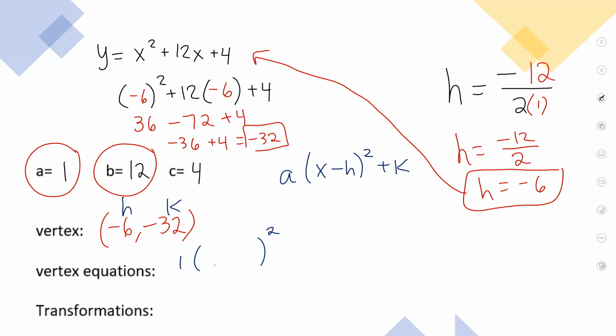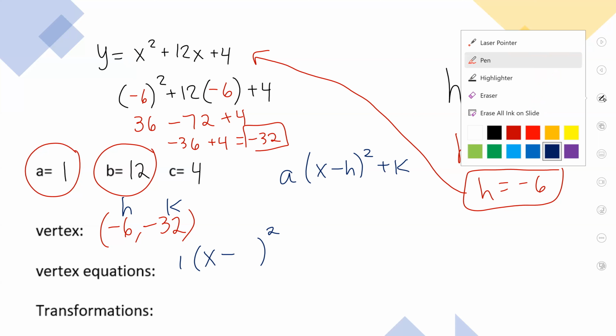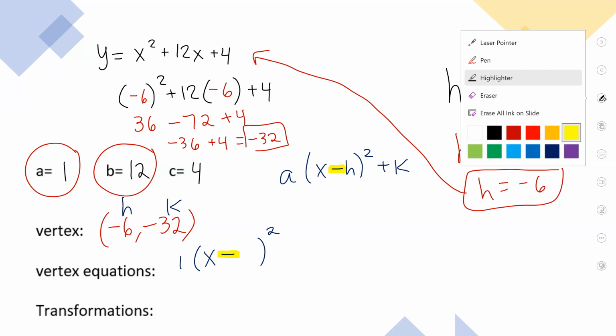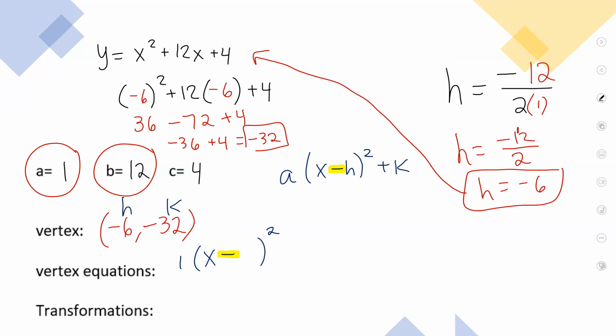So I have x minus, remember guys, let me highlight this for you. There is already a minus sign in the equation, okay? Now I'm going to put in my h value. So I'm going to put in a negative 6. And then I have a minus 32 on the end. Sorry, that's really thick.